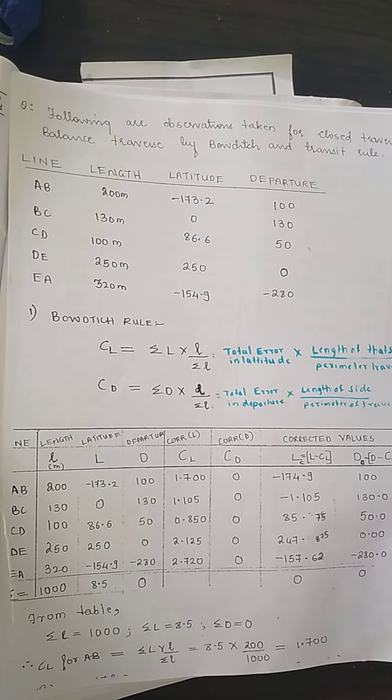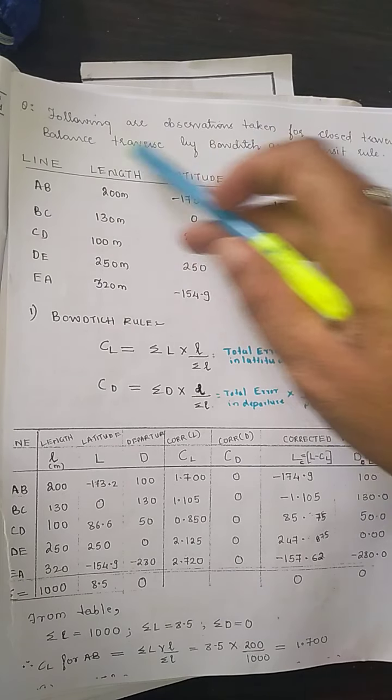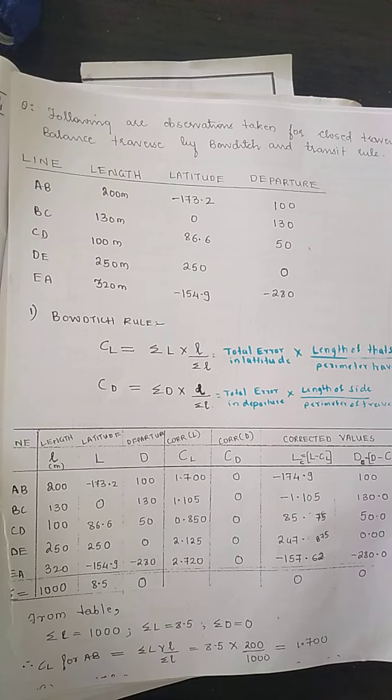In today's class, we are going to concentrate our study on how to solve the problems, or how to determine the correction to the latitude and the departure by using the Bowditch and the transit rule. Now, following are the observations taken in a closed balanced traverse.